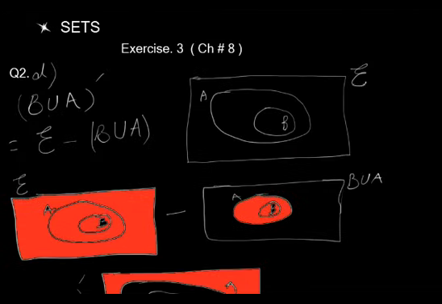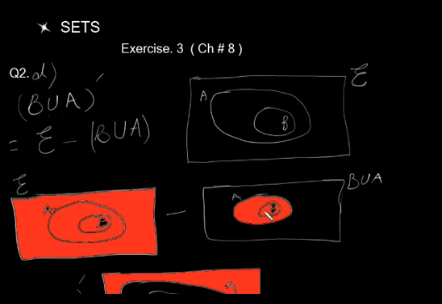In part D, it says B union A and then complement. As we already know, complement means that we have to subtract B union A from the universal set, meaning universal set E minus B union A. Let's do it step by step. If you shade all of the universal set, it is like that, and you have to subtract B union A. This is the shaded area, this is B union A, so it is all like A and B shaded.